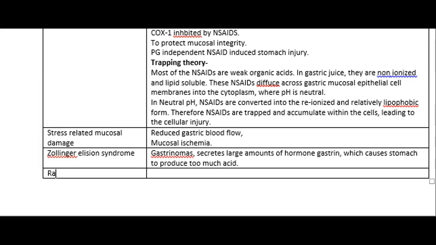And next coming to the part is radiation. This radiation damages the stem cells in the epithelium of the stomach. How is this affecting the stem cells?